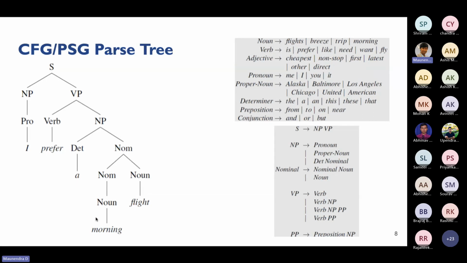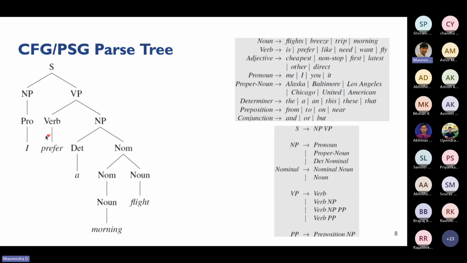And then there is another way where you grow the parse tree from the bottom up. Say I prefer a morning flight. This is my input. My first word is I. Let me see, do we have any rule that says something gives rise to I? We see that pronoun is that thing. Now in the left part we have pronoun, which is not connected with anything above, and then we have prefer, which is also not connected with anything above.